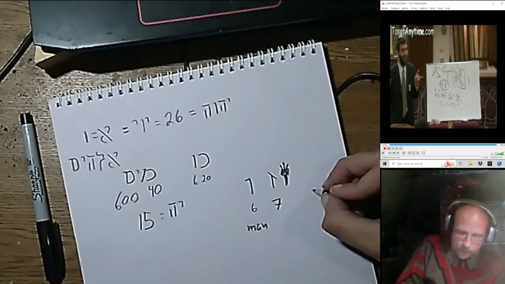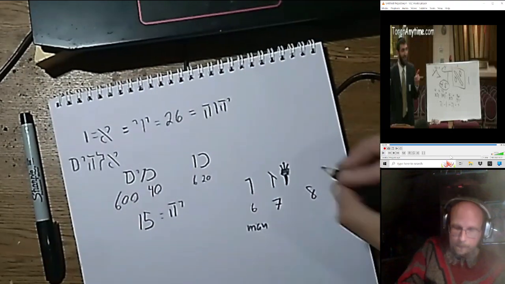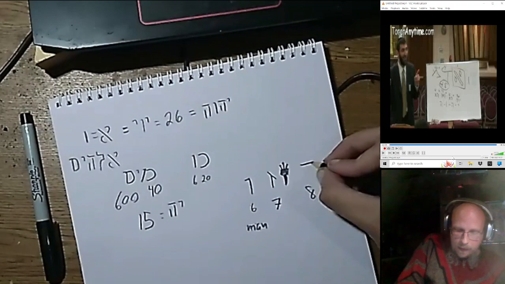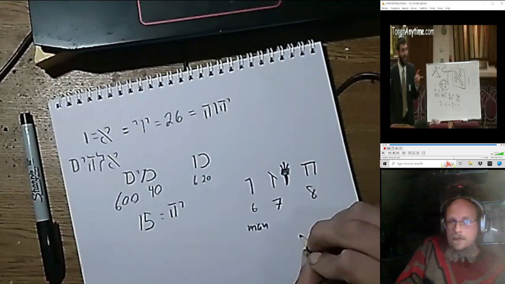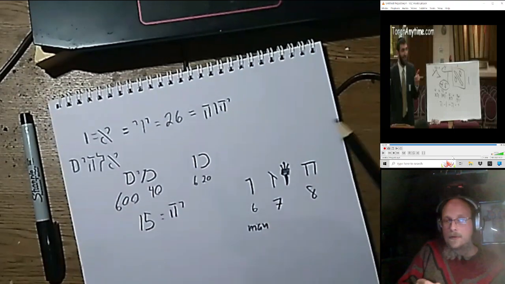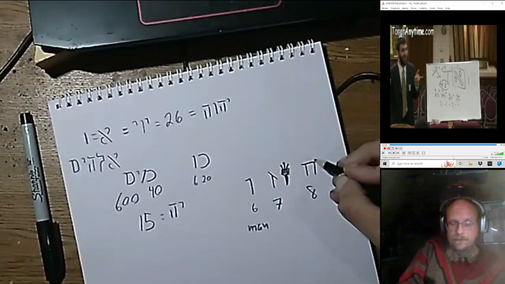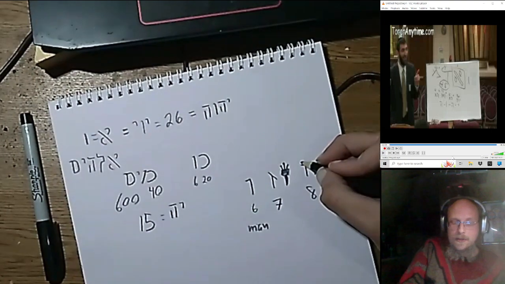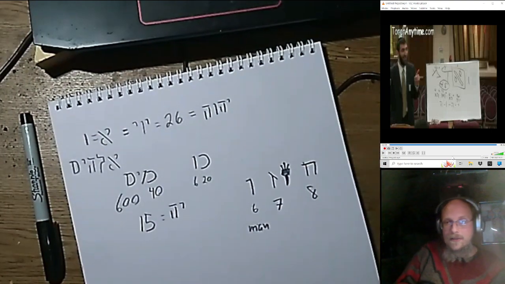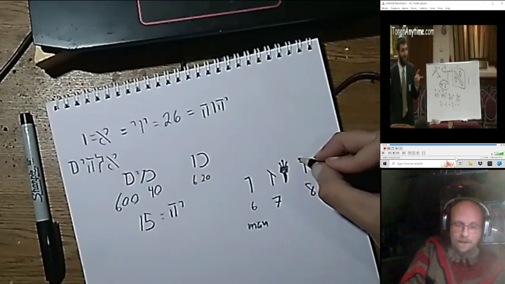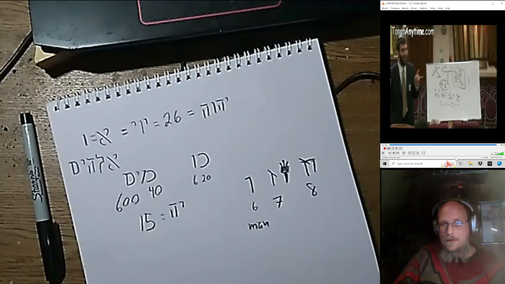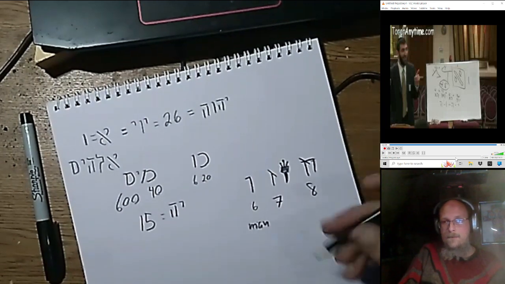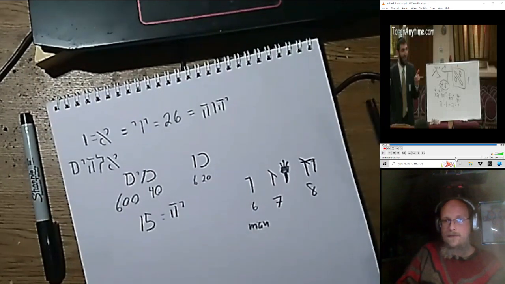The 8th letter, having the value of 8, is Chet, which is considered to be formed of a Vav connected to the Zayin. Right, so the Zayin and the Vav. And the word is a chuppah, the wedding tent. Right, you have the man and you have the woman.